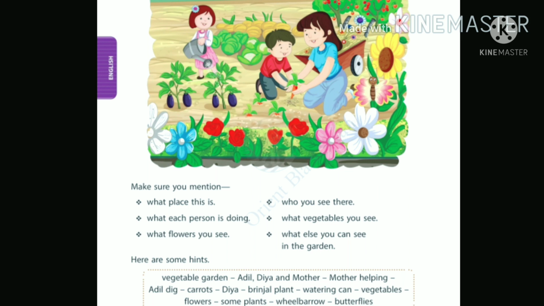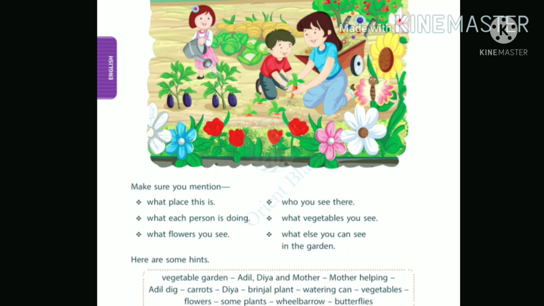So how can we write all these sentences in a paragraph? We shall sum up these points and develop them into a paragraph. You can begin this way. This is a vegetable garden. Adil and Diya are working in the garden with their mother. Mother is helping Adil dig the carrots from the earth.